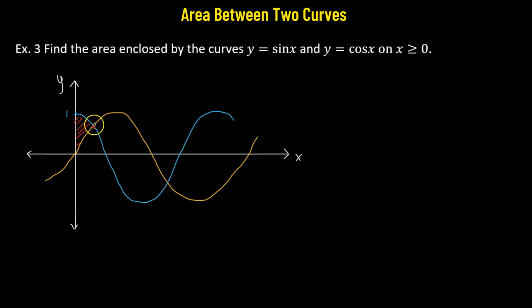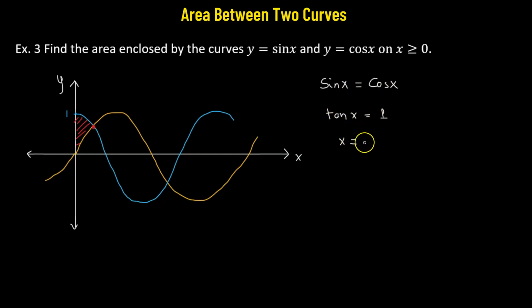So we will need to obtain the point of intersection. To do that, we equate the two equations. So we equate sine x with cosine x. Dividing both sides by cosine x gives us tangent of x equals 1, because sine x over cosine x is tangent of x. The tangent of x equals 1, so x can take many values.